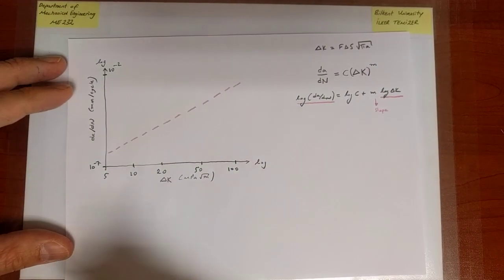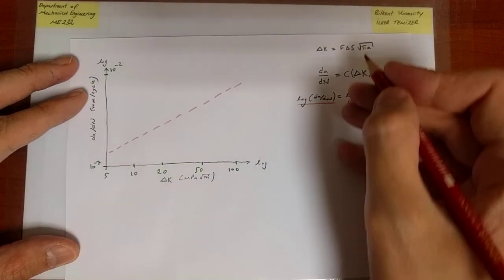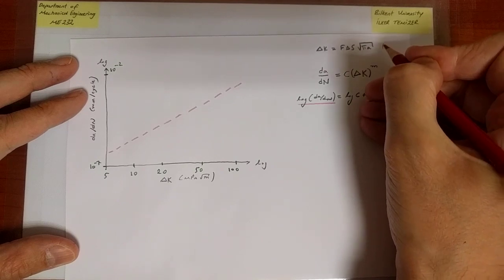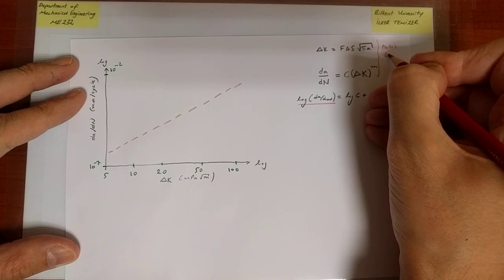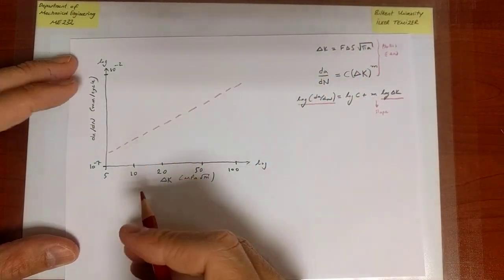That would be the Paris prediction. We have the Paris equation, and its prediction is a line.